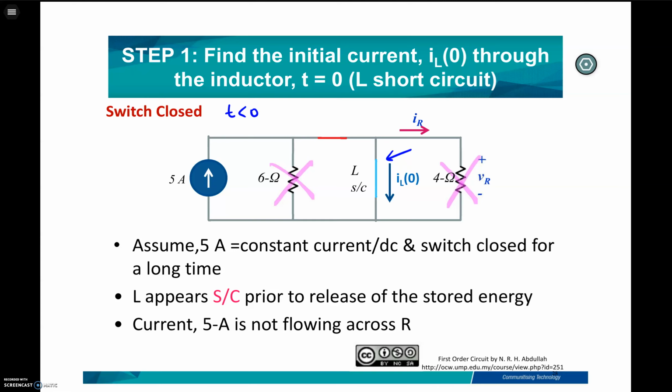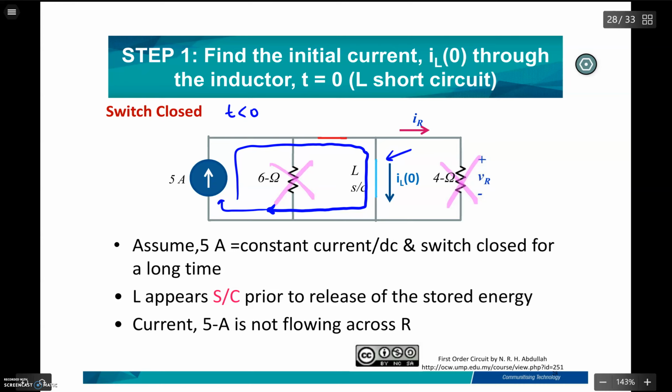If the resistor is parallel with the blank line or with the short circuit line, you can ignore the resistor, because the current is trying to flow through a branch which does not consist of a resistor. The current exits from the source and then goes back to the negative of the source.